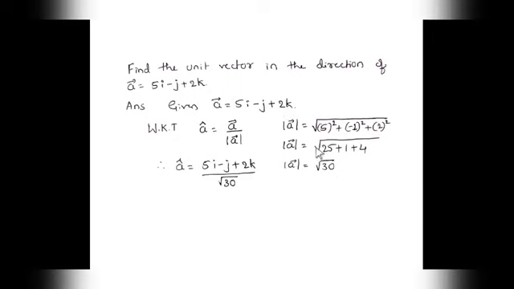That equals under root 25 plus 1, since minus 1 squared is obviously plus 1, plus 4. If I add all three quantities, I get root 30. Now A cap equals the given vector divided by the magnitude of the vector, root 30. This is the unit vector in the direction of the given vector.